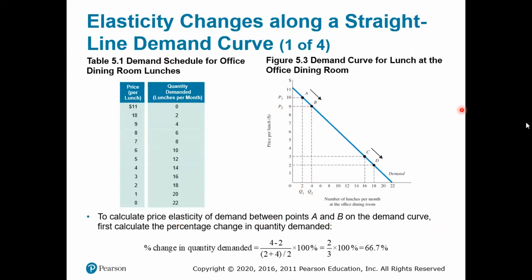So that's going to give us Q2 minus Q1: 4 minus 2. Then you add them together and divide by 2. 2 plus 4 is 6, 6 divided by 2 is 3. So in the numerator, we have 2. In the denominator, we have 3. 2/3 is 0.66 times 100%. So percentage change in quantity demanded is 66.7%.